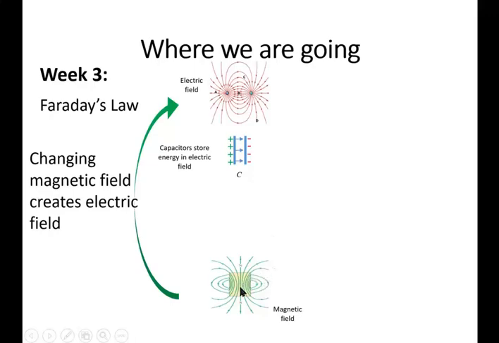We are going to appreciate better how a changing magnetic field can produce an electric current or electric field or electromotive force. That is the main purpose of introducing Faraday's law here. We are going to see how a changing magnetic field can produce an electric field.